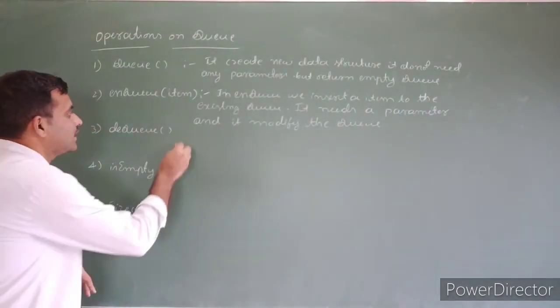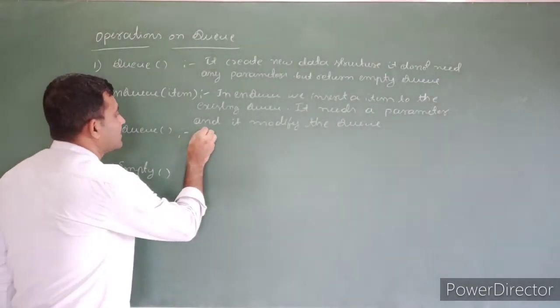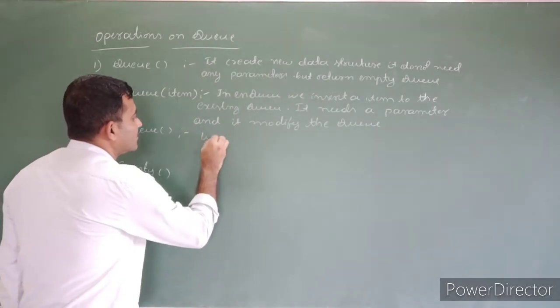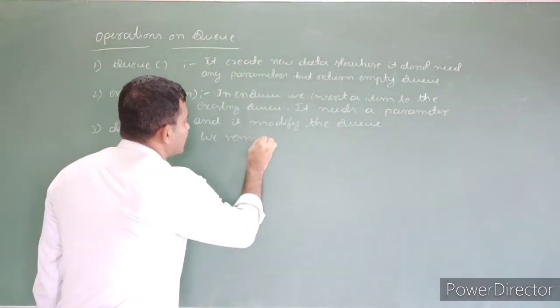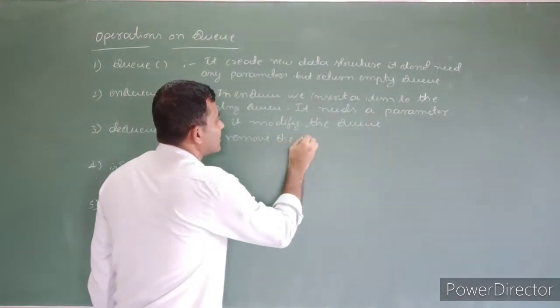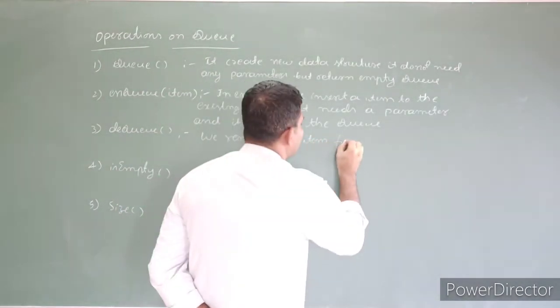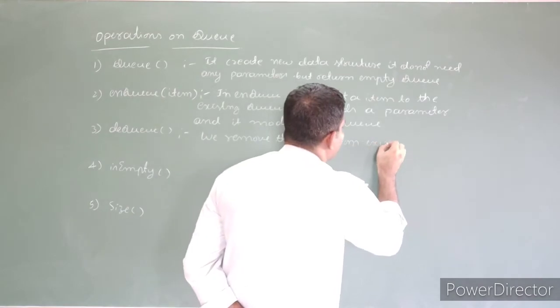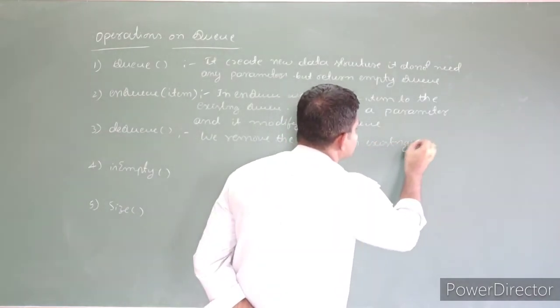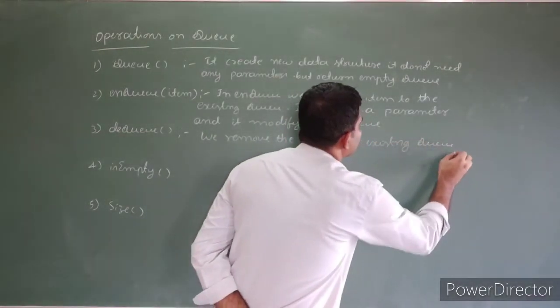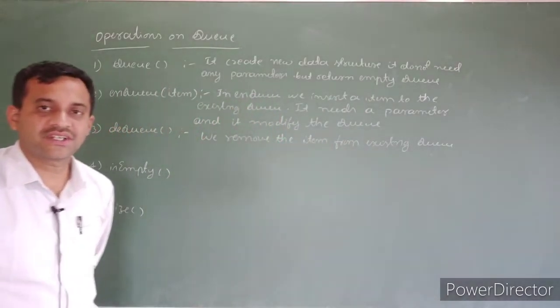Next one is DQ. Here we remove the item from the existing queue.